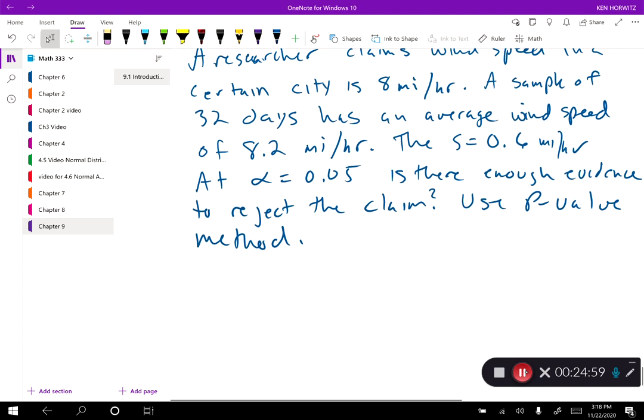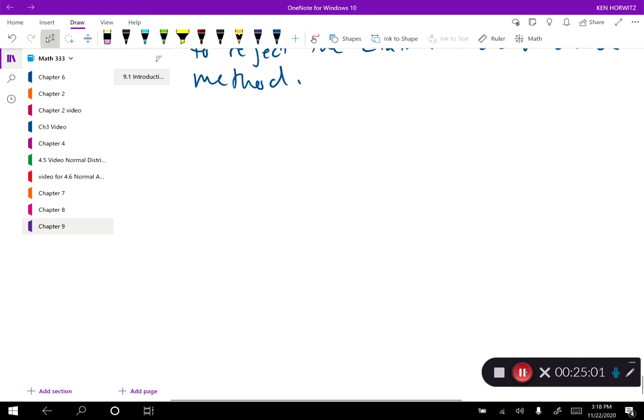The p-value method starts very similar to what we've been doing up until now. The first thing I want to do is figure out what my null and alternative hypotheses are and where my claim is. My null is that mu equals 8.